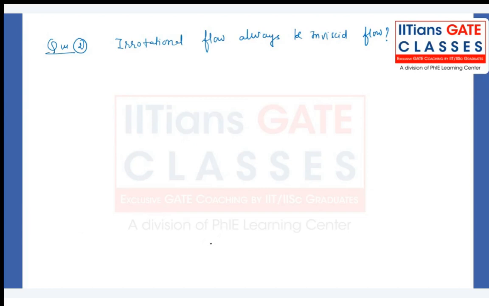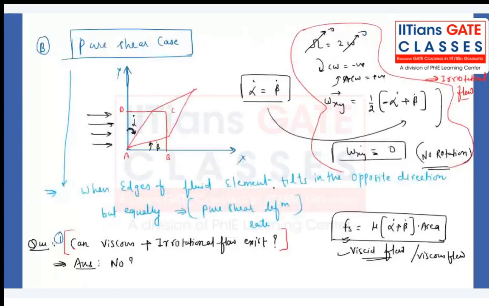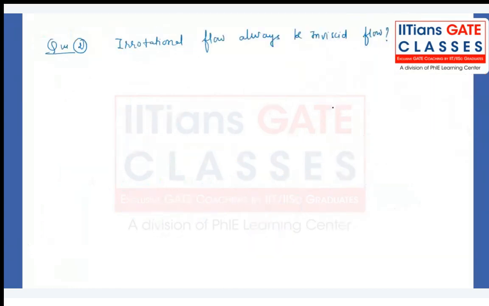Now the question will arise, sir, what we are discussing right now. Because mathematically it is possible. Mathematically, when alpha dot and beta dot both exist and both are equal, then we have the scenario that irrotational and viscous flow is possible, right? But here, when you observe shear force, it is mu times alpha dot plus beta dot into area, right?